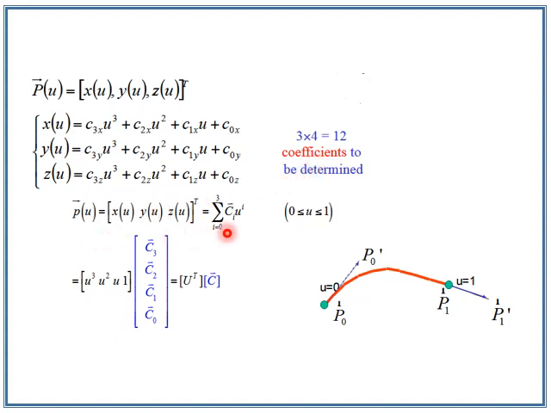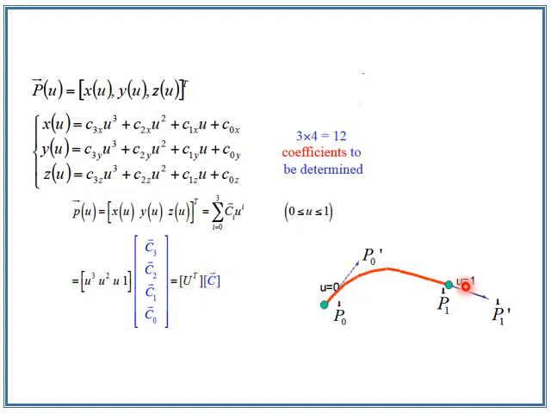This can be represented as a summation with i from 0 to 3 because it is a third degree polynomial, and the range of u will be 0 to 1. In matrix form, it is u power 3, u power 2, u and 1 with the vector C3, C2, C1, C0, which equals u power transpose times the C vector.